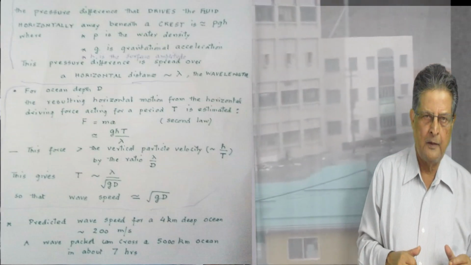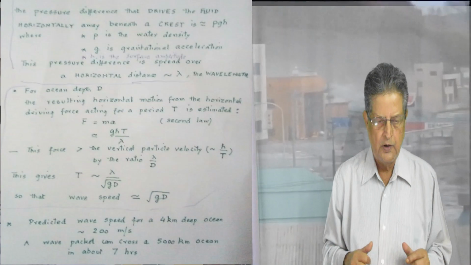But they travel long distances, so much so that if a disturbance is caused in the middle of the ocean, then it might travel as much as 5,000, 6,000, 7,000 kilometers away with its energy intact.